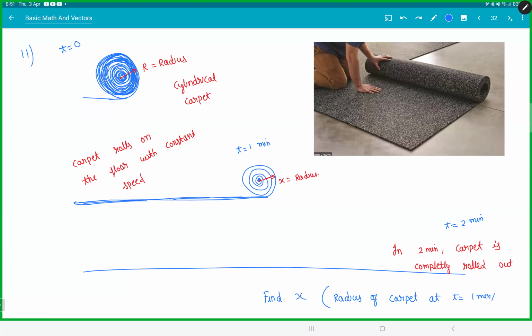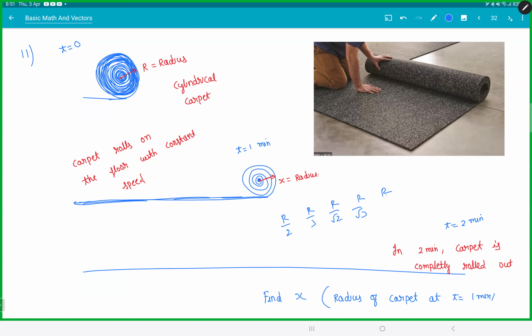Others, try. So is it a numerical answer? The answer comes in terms of R. So the exam options will be like R by 2, R by 3, R by root 2, R by root 3, something like this.